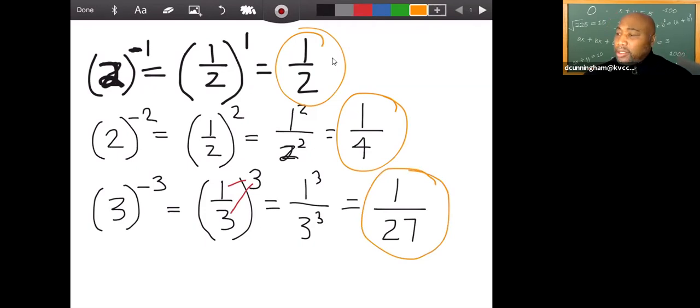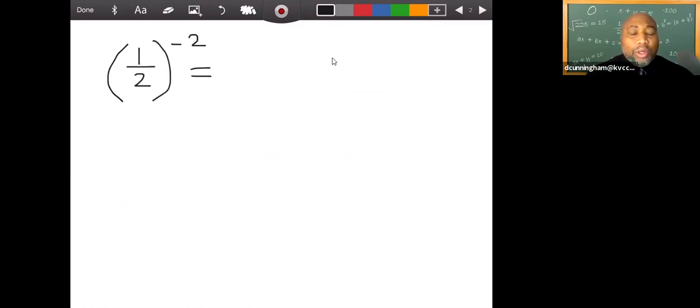Let's do another one. Let's look at another page. Let's do a few problems here. Let's say I have the number 1/2, and I'm doing it to the negative 2 power. So hopefully it comes on the screen. And what we're going to do, we're going to convert that and write the answer. All you want to do first is get rid of that negative sign in the power. It doesn't change the negativity of the problem.